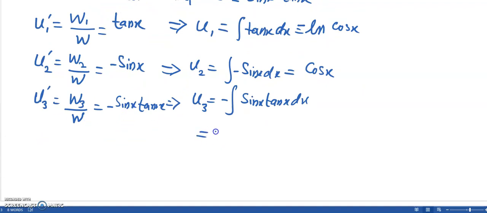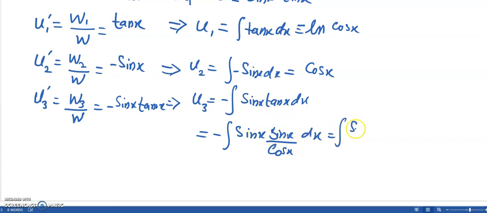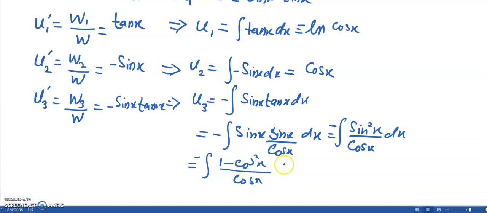You can take it like sine x into sine x over cosine x, so it's sine square x over cosine x dx, or it can also be written with minus as 1 minus cosine square x over cosine x dx.